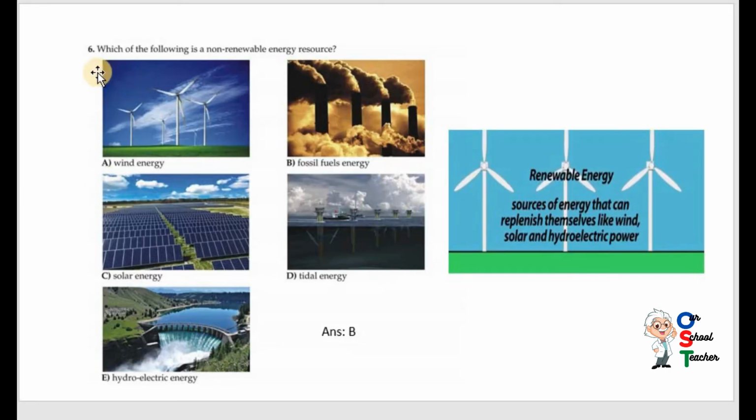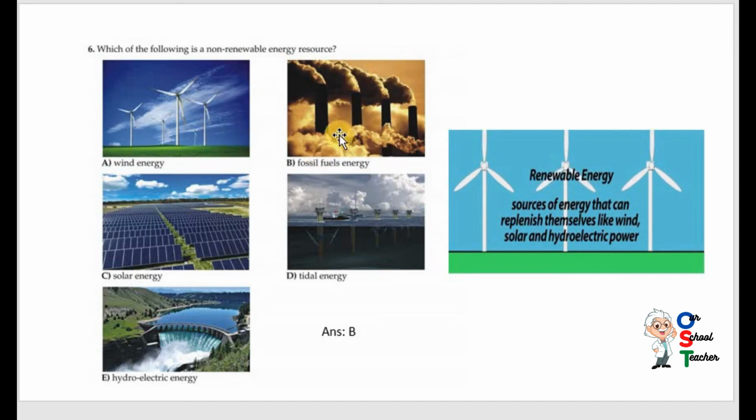Now question number 6. Which of the following is a non-renewable energy source? Renewable energy: sources of energy that can replenish themselves, like wind, solar and hydroelectric power. They cannot be finished.